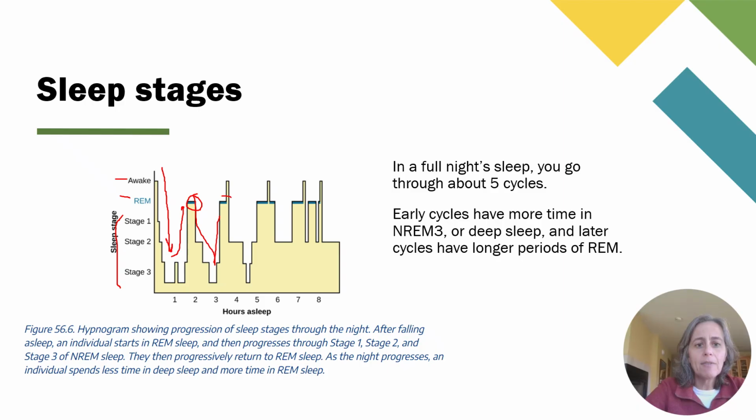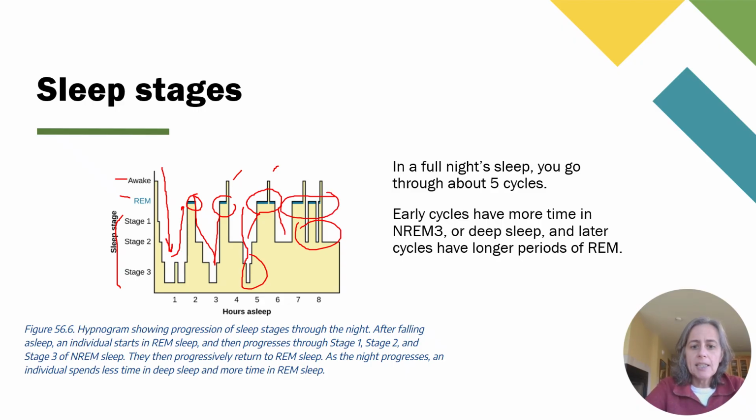You come up, you have a little bit of REM. You might wake up a little bit and then roll over or go to the bathroom or get a drink of water. And then you go down, and you spend a little less time in the deepest sleep, come back up. Now you spend more time in REM. You might have another awakening event, brief, that's fine. And then you go back down, but not quite as deep. And then notice at the end, these last few cycles, you almost spend no time in those deeper stages of sleep, and you spend almost all your time in REM sleep.